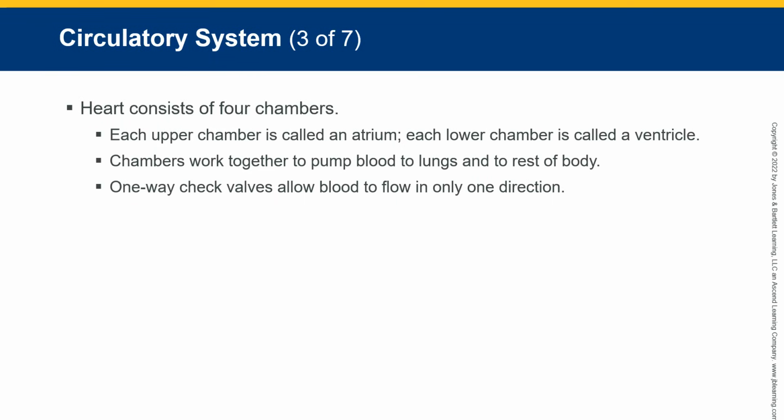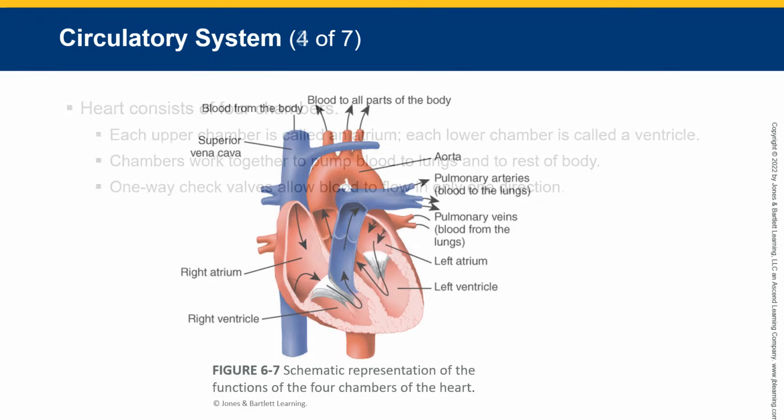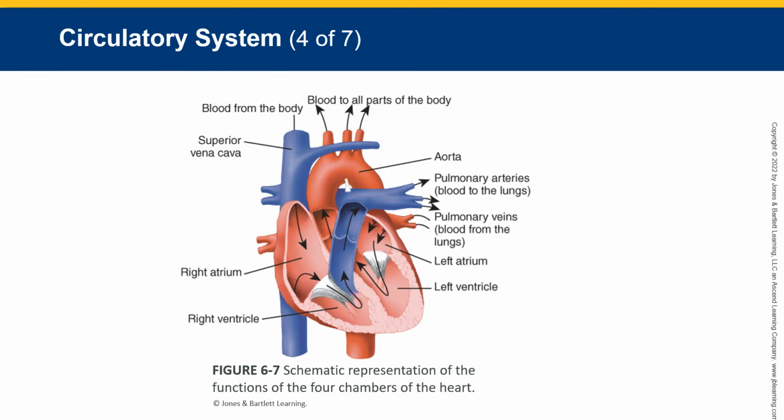The left side of the heart pumps out to the body, and then the body sends it back to the right side, and that's how that goes. They are only in one direction. There's valves in the heart, and there's valves in the veins. And here's just a schematic representation of what I just told you.